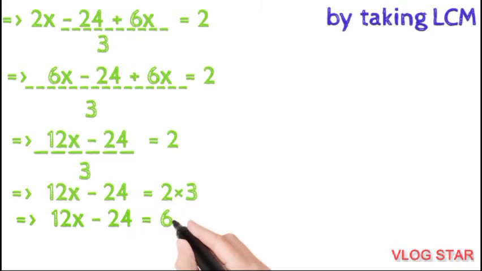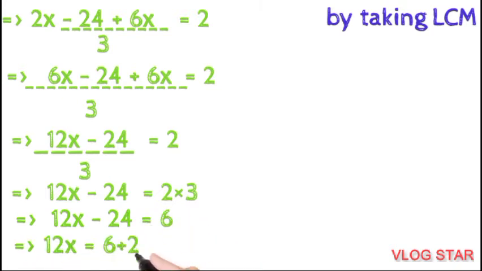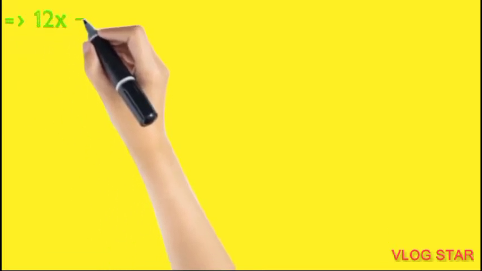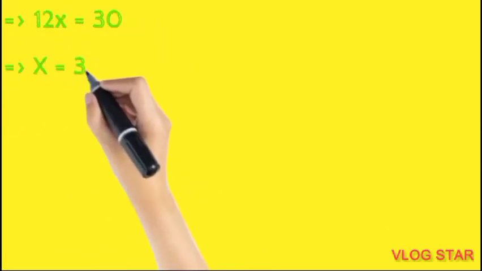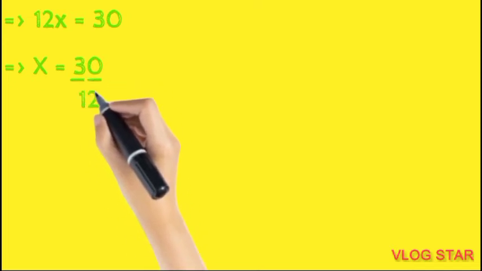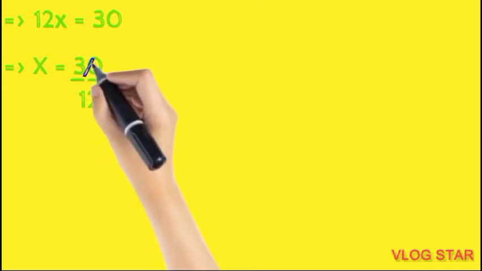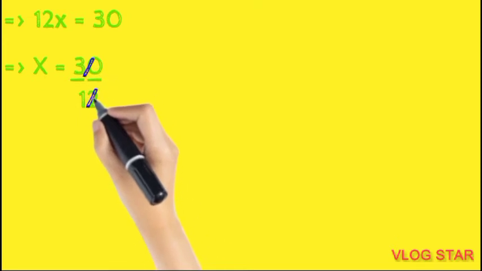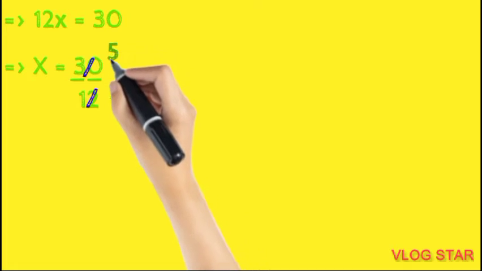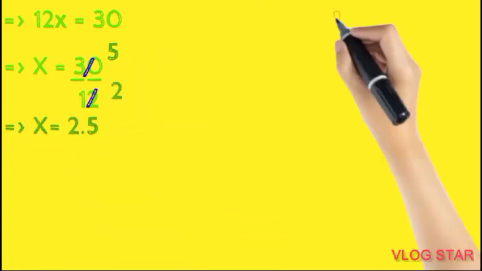That implies 12x minus 24 equal to 6. That implies 12x equal to 6 plus 24 equal to 30. That implies x equal to 30 by 12. That implies x equal to 2.5.